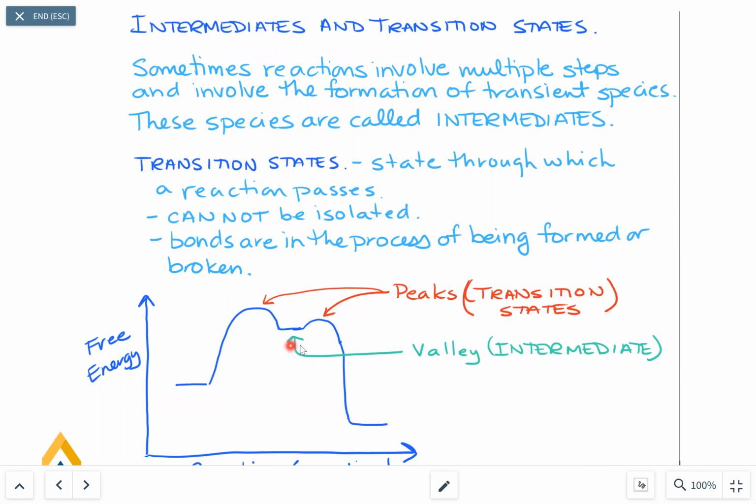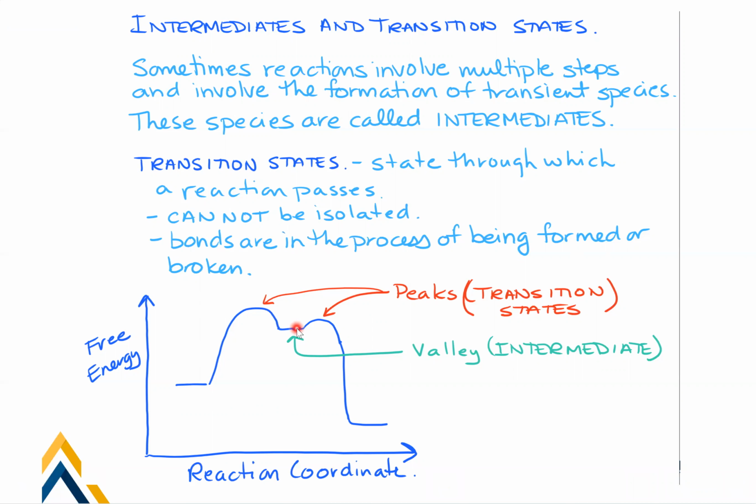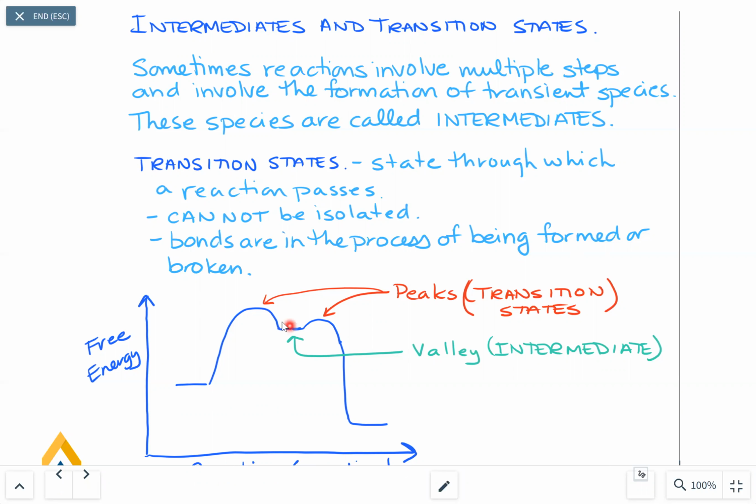So this could be maybe a carbon that's like a carbocation, something which is missing a substituent somewhere, and then when it forms its substituent, it's the final product over here. So all of the valleys on energy diagrams are what we call intermediates, and all of the peaks are transition states.